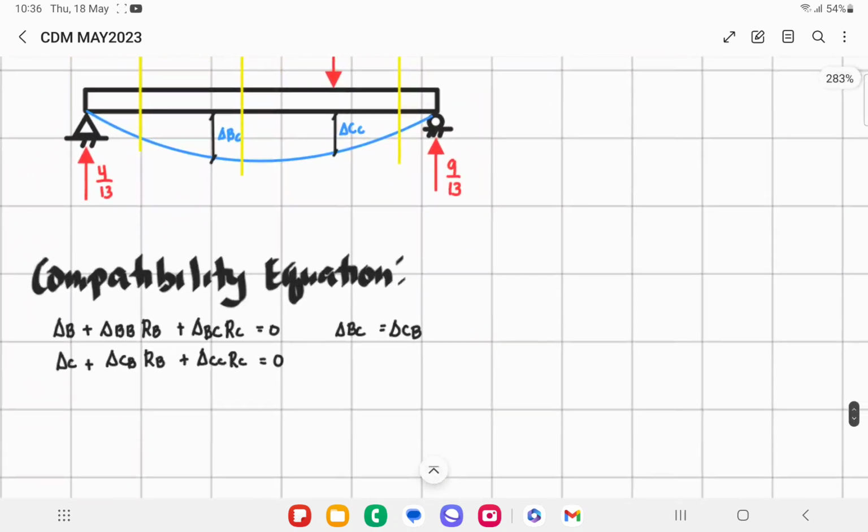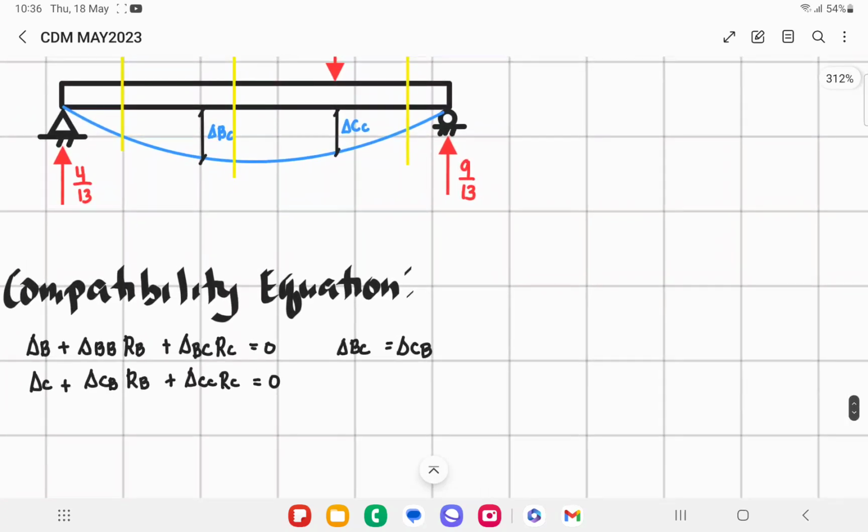Step 5: we write a compatibility equation for the location of each redundant by setting the algebraic sum of the deflections or slopes of the primary structure due to the external loading, and of course each of the redundants, equal to the known displacement or rotation at that corresponding location on the actual indeterminate structure.